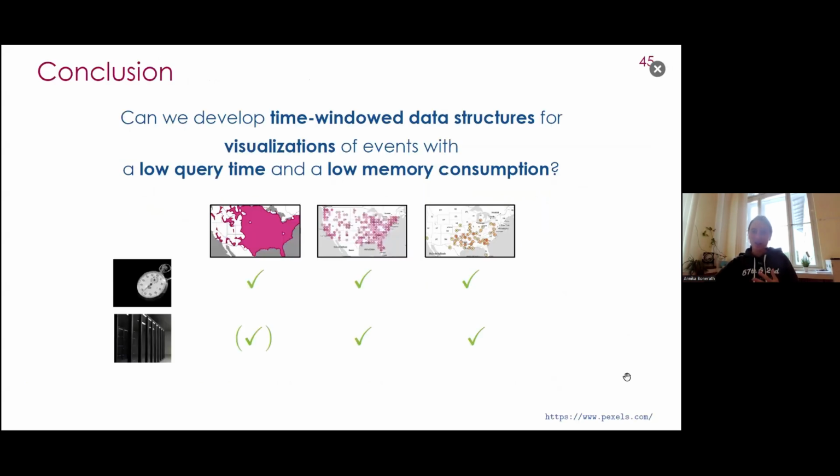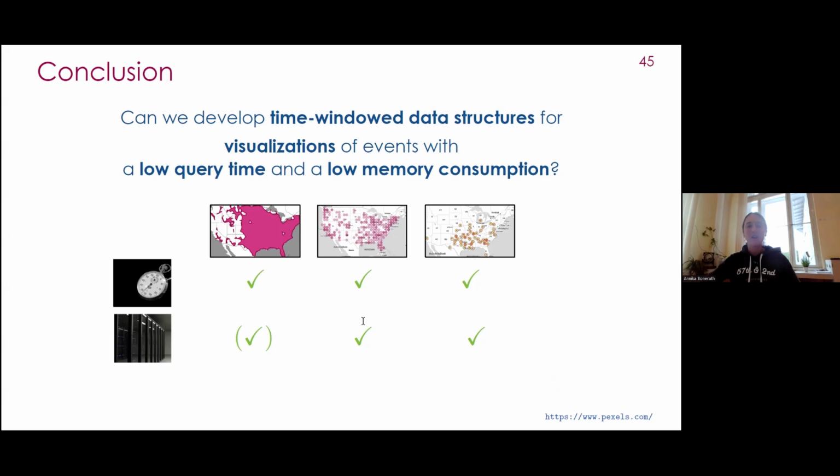So as conclusion, my research question again: can we develop time window data structures for visualizations of events with a low query time and a low memory consumption? And I showed 3 different approaches for time window data structures for visualizations.